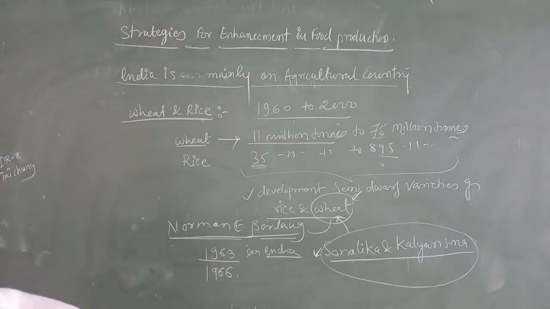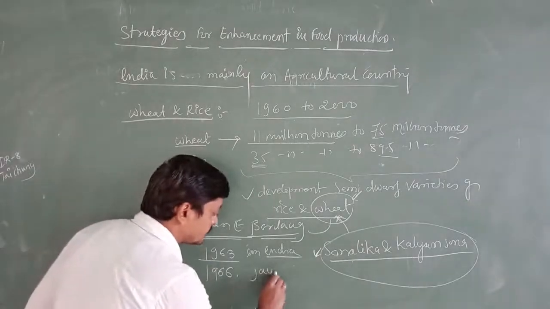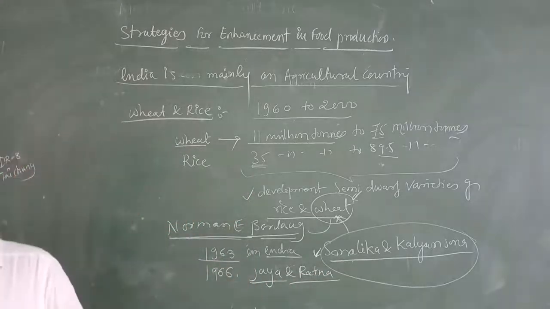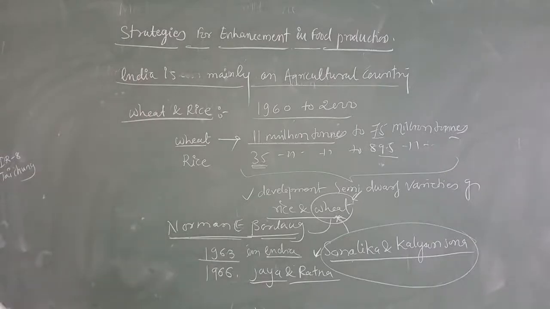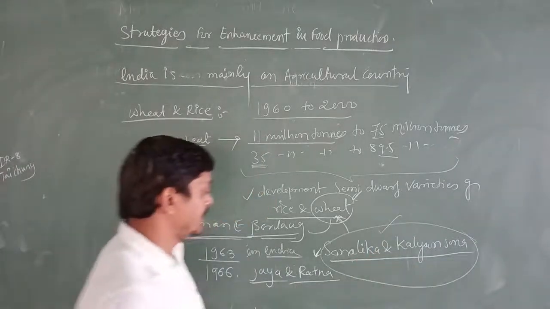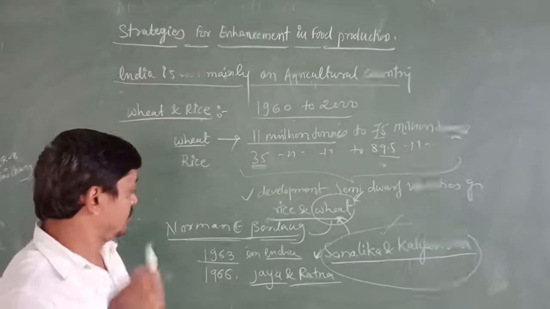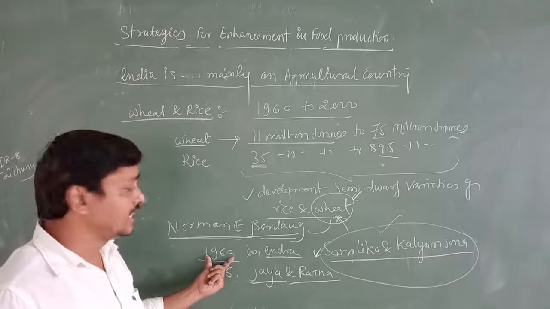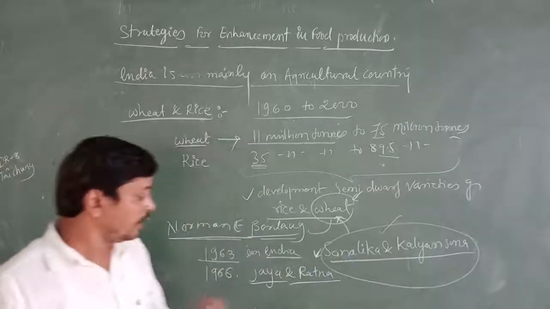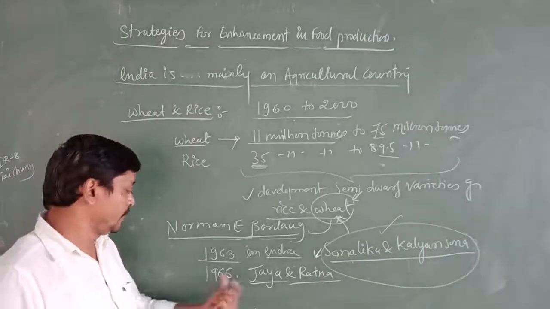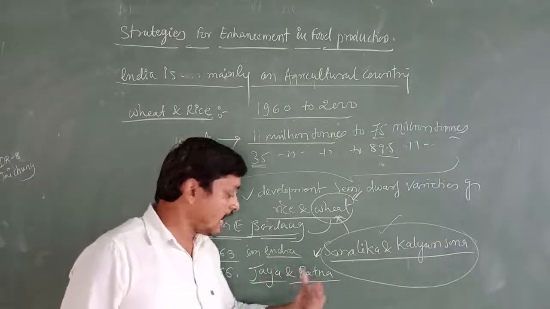Understood? The semi-dwarf wheat varieties developed in 1963 are Sonalika and Kalyan Sona. The semi-dwarf rice varieties developed in 1966 are Jaya and Ratna.